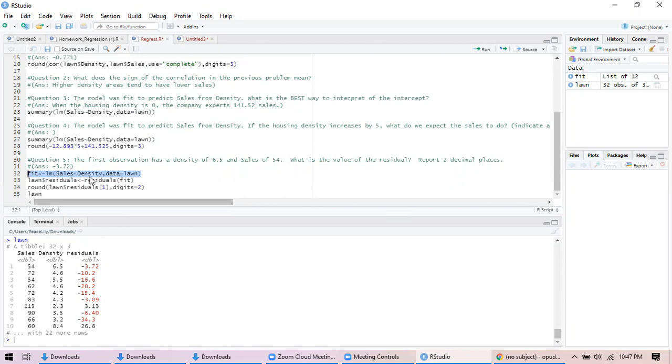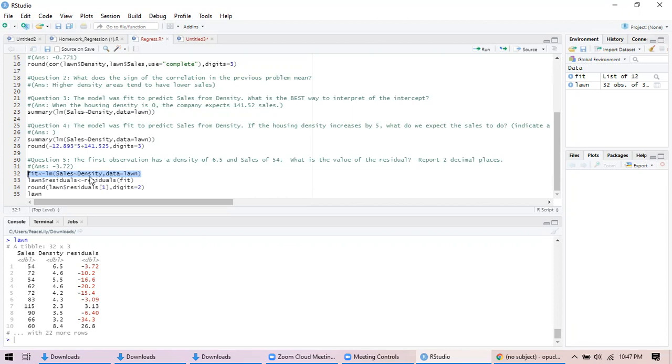Once you have your linear regression, which is line 32, you just apply the residual function, residuals. So do linear regression, and then do residual.